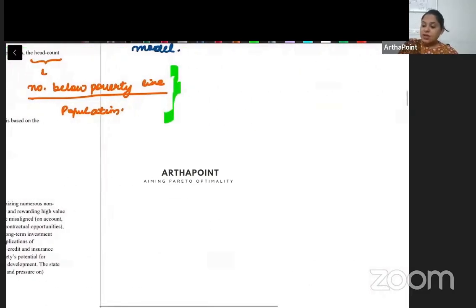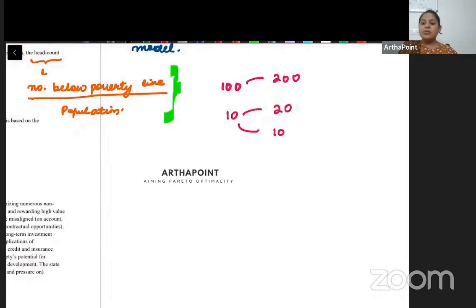It could also be that when population went from 100 to 200, people below poverty line went from 10 to 20. Or people below poverty line remained at 10. Or people below poverty line actually reduced because country GDP was growing. We don't know.